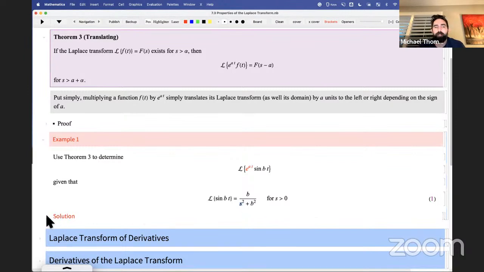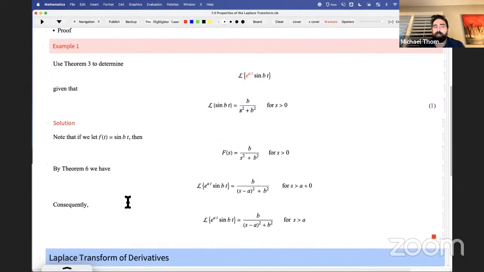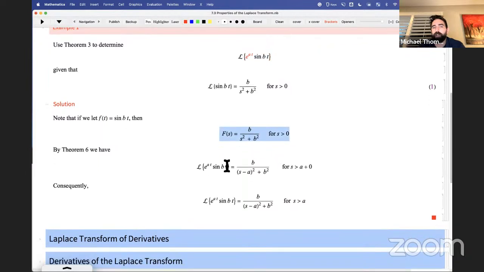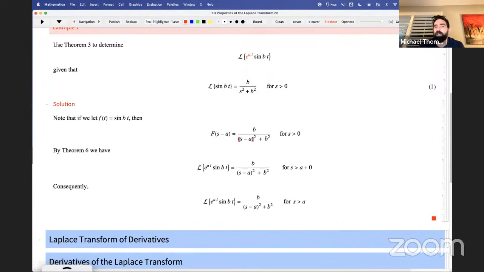Okay, so if you let f be this function, that's the transform on the table. So if you want to find this guy, you would just use this transform, which is for sine bt, but plug in an s minus a there, right? If you plug in an s minus a, that's what you get, right?